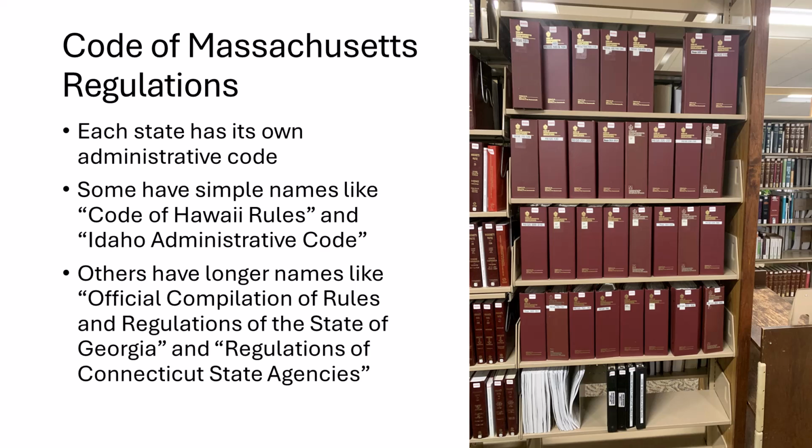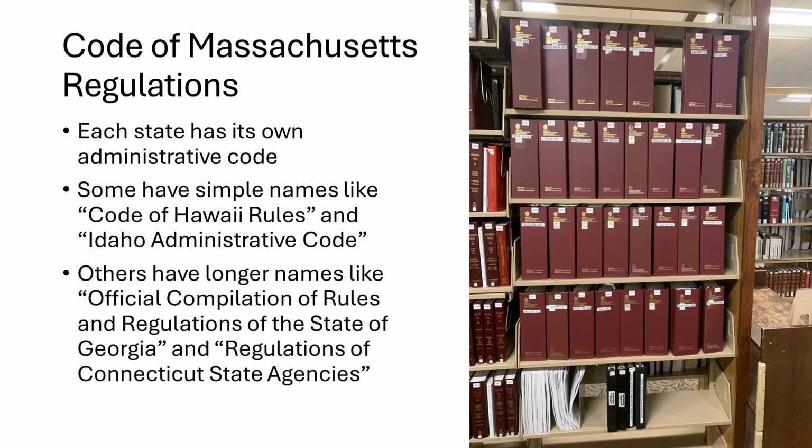And just as every state has its own statutory resources that match up more or less with the federal session laws and statutes at large and statutory code, each state also has its own equivalent to an administrative register and to a code of regulations.